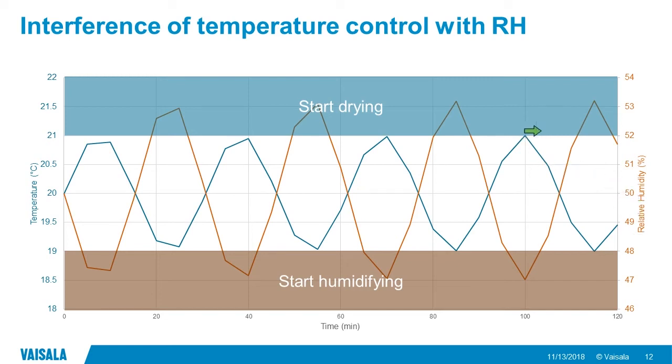But then if you have a very simple on-off control, that means once your sensor starts overshooting 52%, you're actually starting to dry the air, or when the sensors are dipping below 48% RH, you're starting humidification.